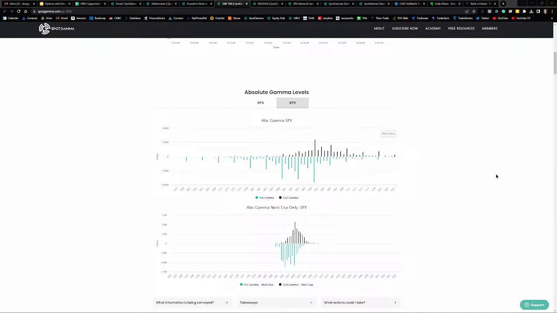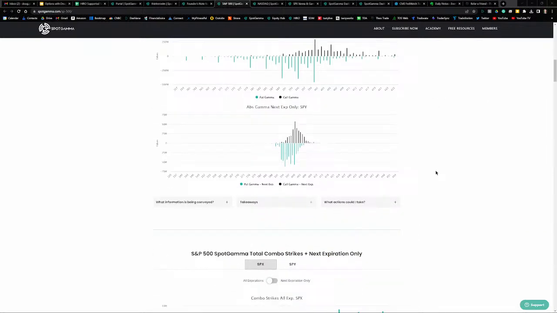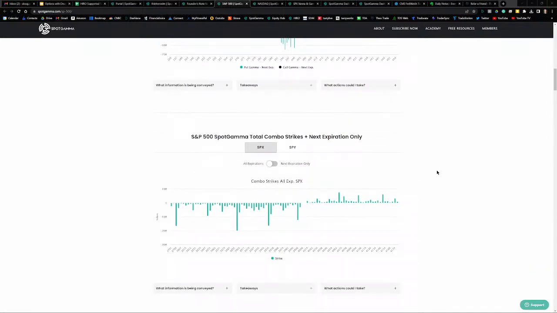And while we're on this page, let's take a look at the combo strikes. This is combining SPX and SPY strikes and then converting that to an equivalent SPX number and showing put gamma or negative gamma below and call gamma or positive gamma above.